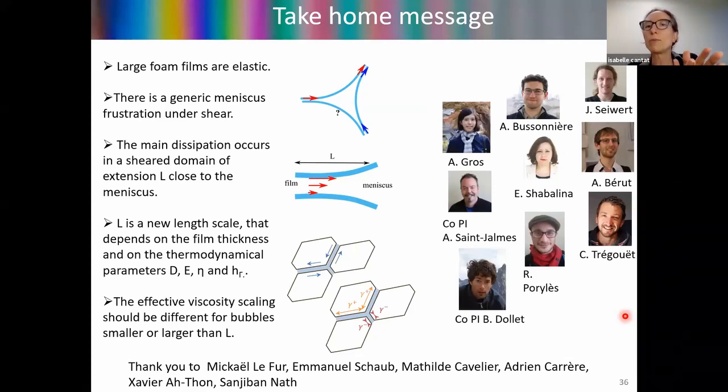But what is probably more important for the dissipation in foam is what happens just after the reconnection, because at this stage the structure is unstable and you have a very fast stretching of the newly formed film. In that case, at the beginning, you have a big vertex that is cut in two pieces, and there is a new film appearing between the two menisci.